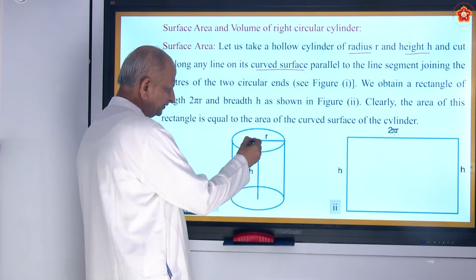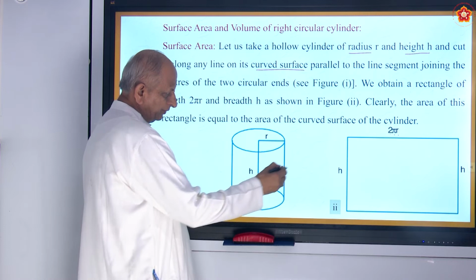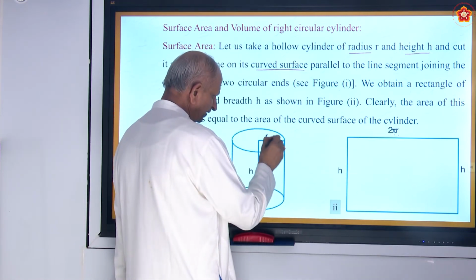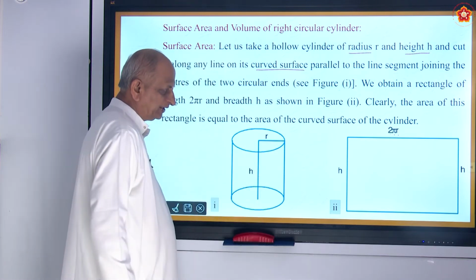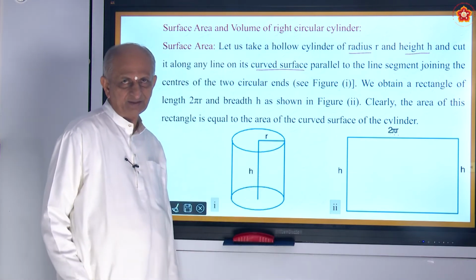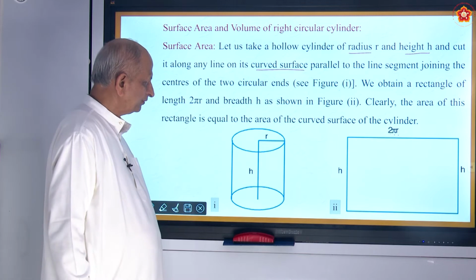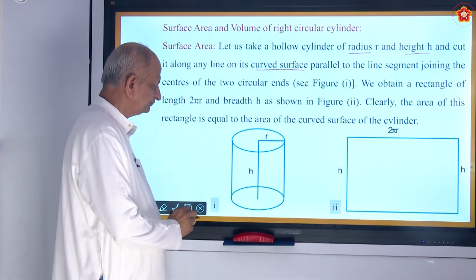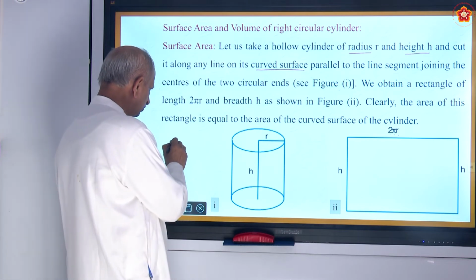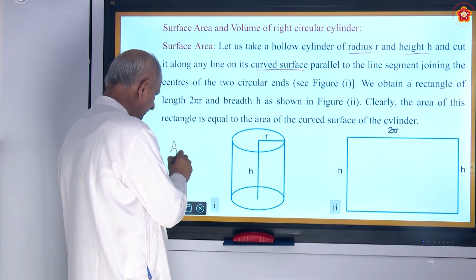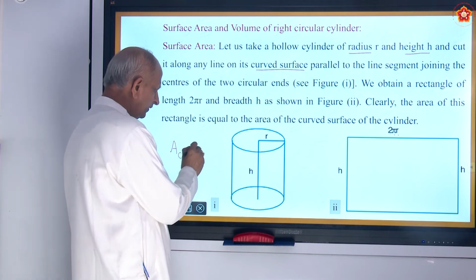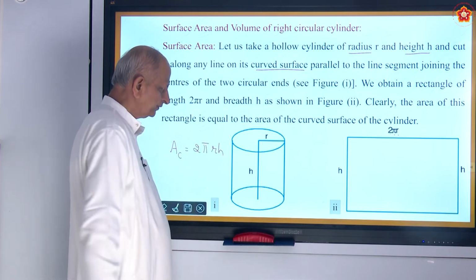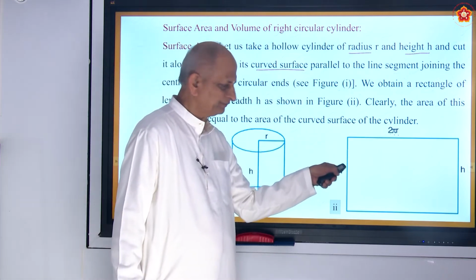So the breadth of the rectangle is the height and the length of the rectangle is the circumference of the circle. Therefore the curved surface area, you can call it A_C, will be equal to 2 pi r h, because it is length into breadth.